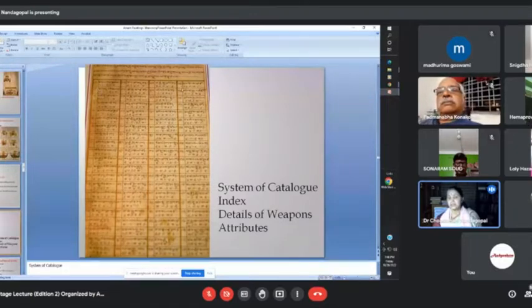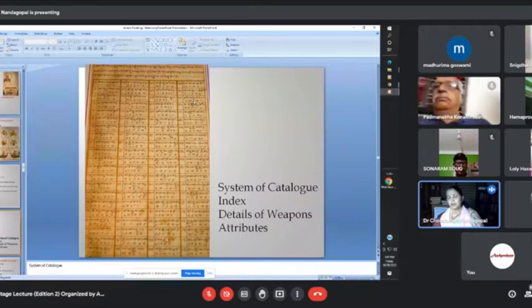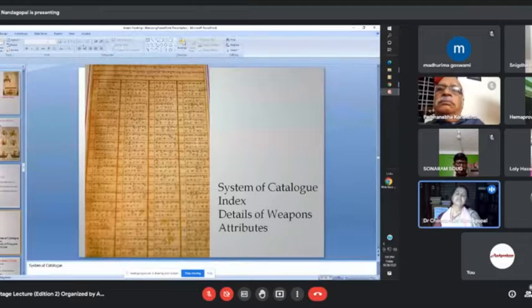You see, this is the system of catalog. Today we talk in museum language. Catalog is so important. Look at their forethought. They had created a catalog of this. So it is an index which gives the details of all the weapons, attributes related to these devatas.